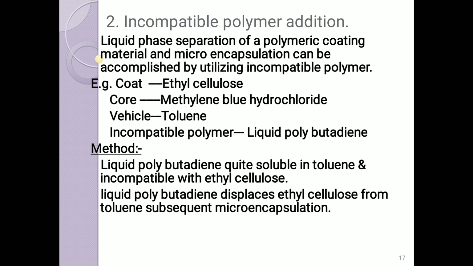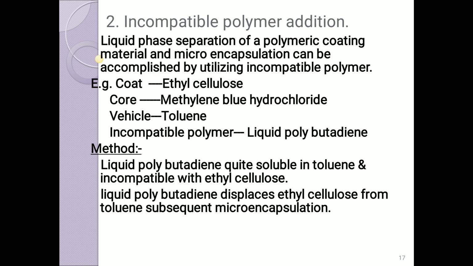So when we dissolve more butadiene, the ethyl cellulose precipitates out. The liquid polybutadiene separates the ethyl cellulose from the toluene, with subsequent microencapsulation.